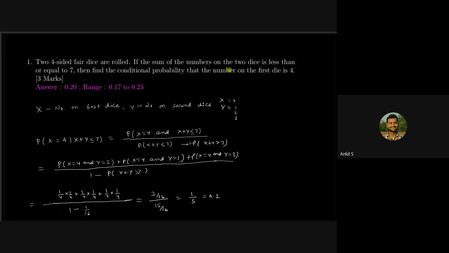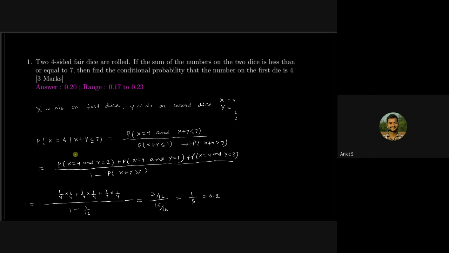First of all, how do you deal with such problems? You define random variables corresponding to different experiments or events in the experiment, and the first step is to write it in probability notation, right? You have to calculate the probability that the number on the first die is 4, given x plus y is less than or equal to 7, the sum of the numbers on the two dice.